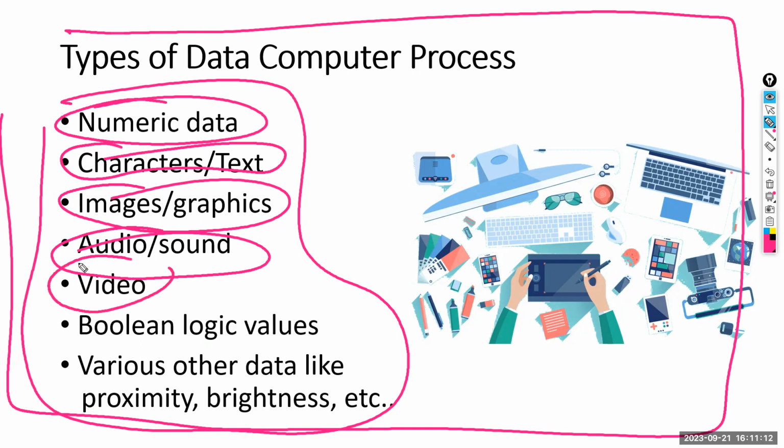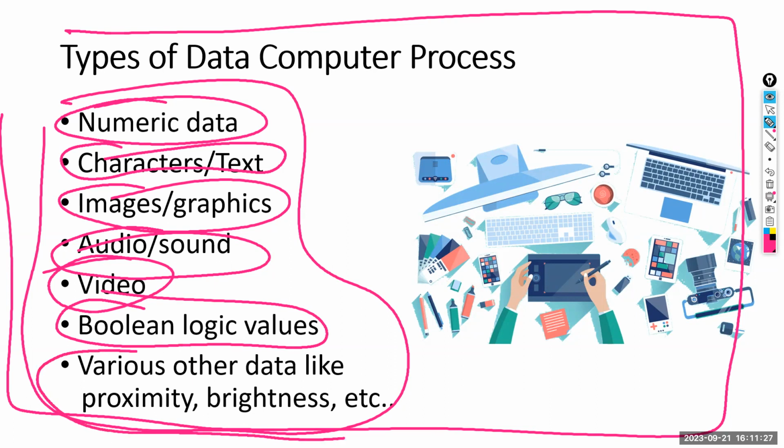The computer can store and process video. And computer can store and process logic values, Boolean logic values. And there are some more data which can be processed and stored in computer, like the data coming from sensors and so on. Okay.